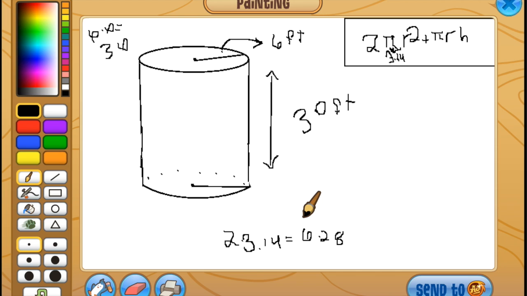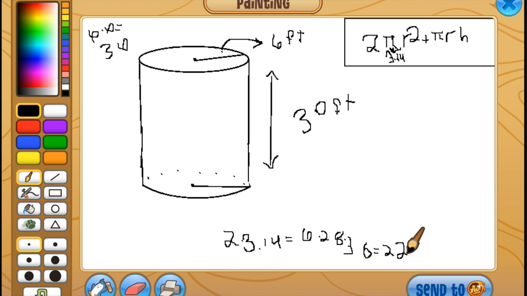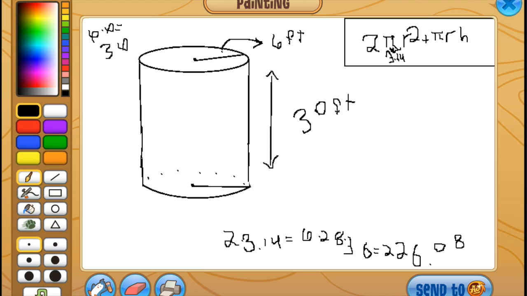That is not our final answer, guys. Now that we have feet here because our units are in feet, right? This isn't our final answer. Let's see what else we have next in the formula.